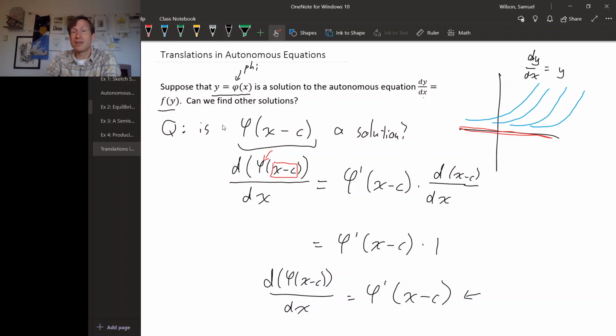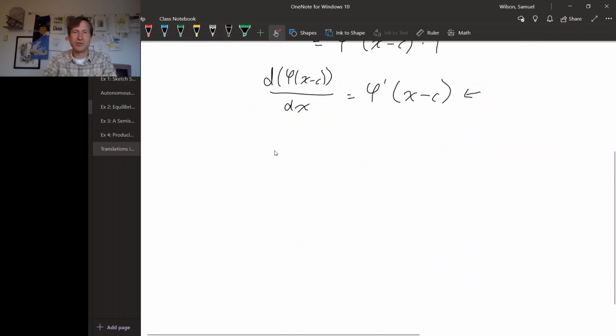Now we can plug everything into the differential equation to see if phi of x minus c satisfies it. So our differential equation is dy/dx equals f of y. Remember, we're plugging our function phi of x minus c into here.